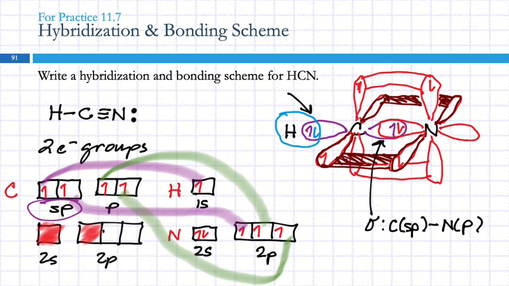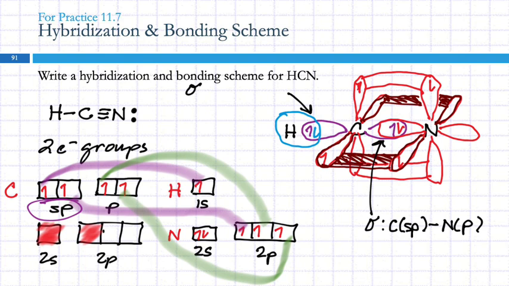And let's look at this one. Sigma or pi? Sigma. Again, this is a hybrid orbital. Hybrid orbitals always make sigma bonds. You're like, well, it's not overlapping the end of the s orbital. Well, the s is a sphere. It doesn't have an end, but it's overlapping the end of the hybrid orbital.